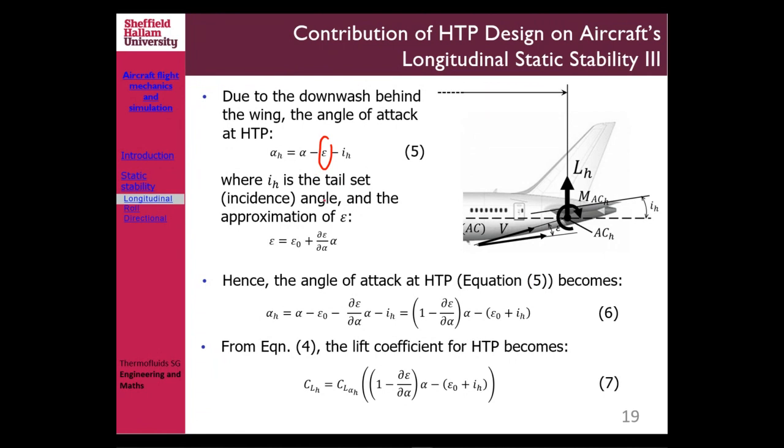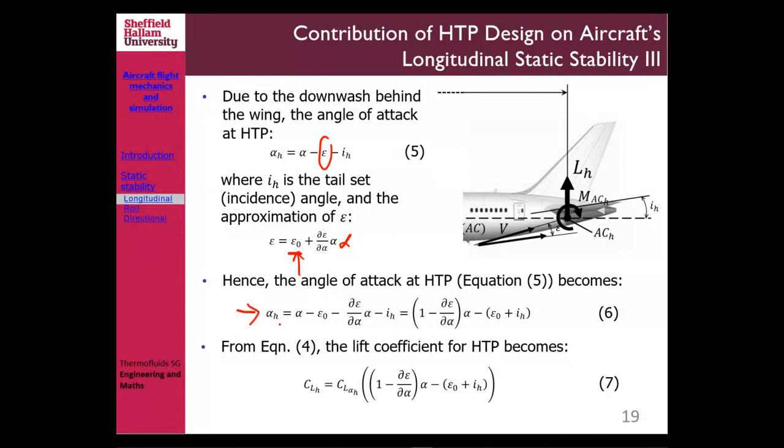Then you could consider, or you could make the approximation, that the downwash is basically the initial downwash plus the change of the downwash due to the alpha change. I noticed in Mo's lecture notes on aircraft design, he could take that as a single value, I don't remember what it is.